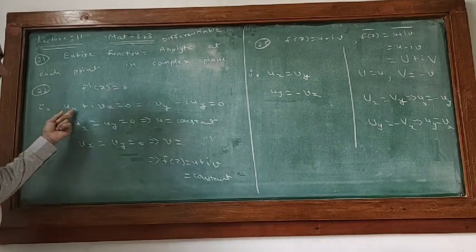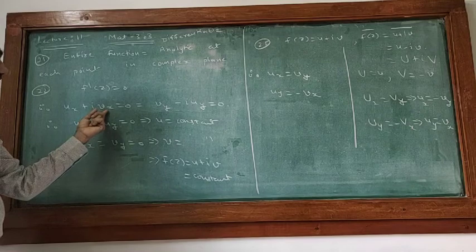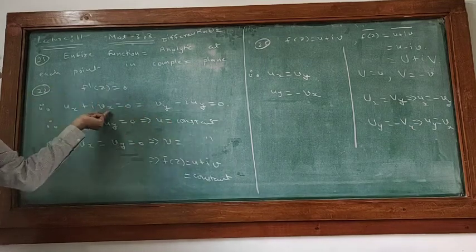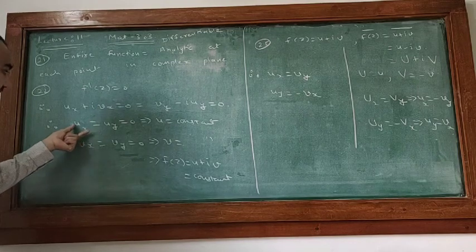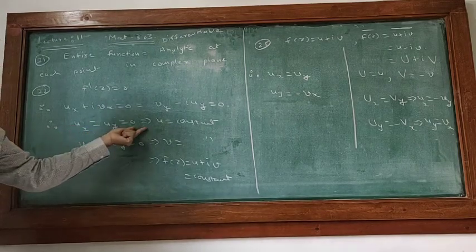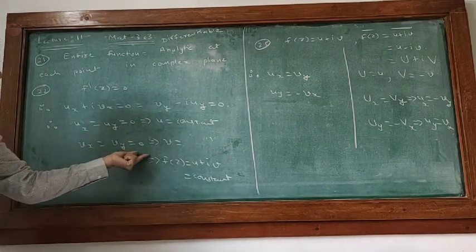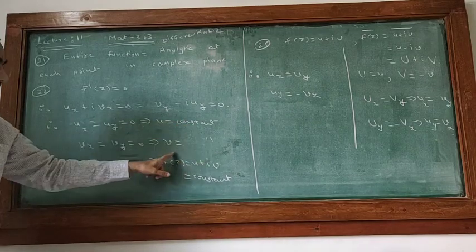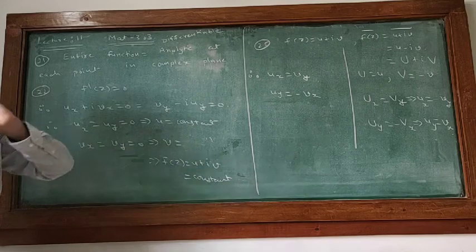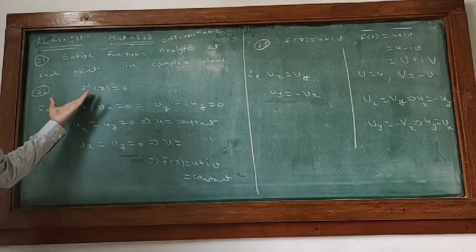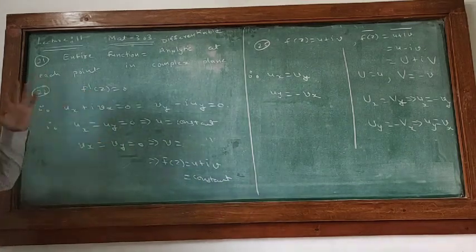And so we find ux equal to vy and uy equal to minus vx. As both of these are equal to 0, I have ux and uy are 0, vx and vy equal to 0, meaning u is constant, v is constant, and therefore f(z) equal to u plus iv is constant. That we wanted to prove in 22.